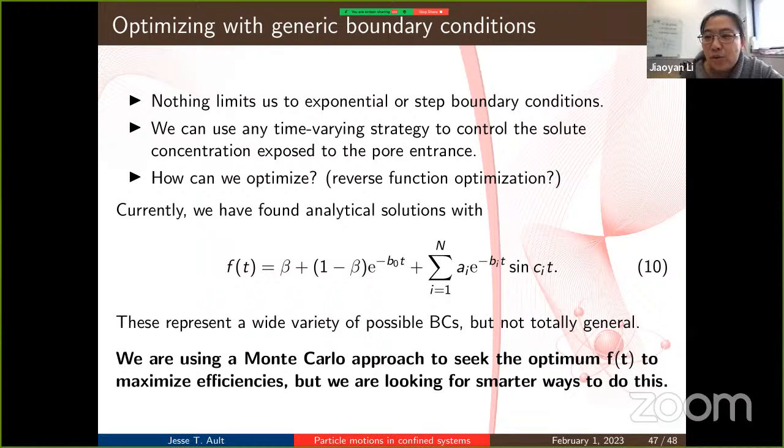Yes, it's charge neutral. But under the electric field, the positive charge is going to... Oh, you're talking about the particles? Yes. Oh, okay. So I have never done coupled diffusiophoresis plus external electrophoresis.